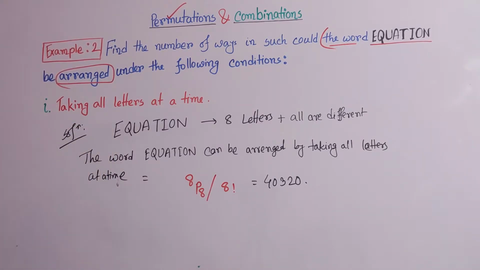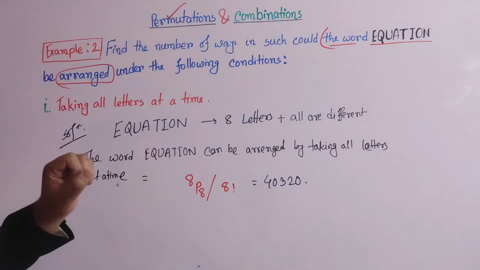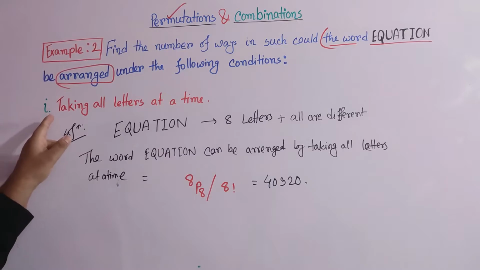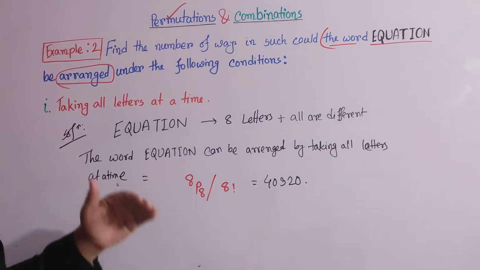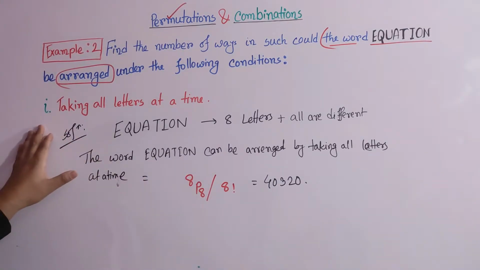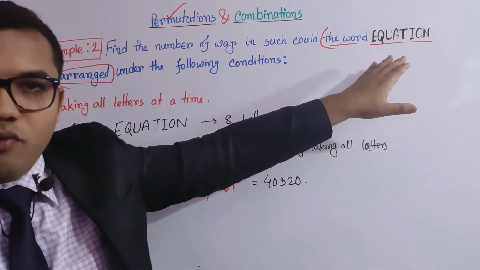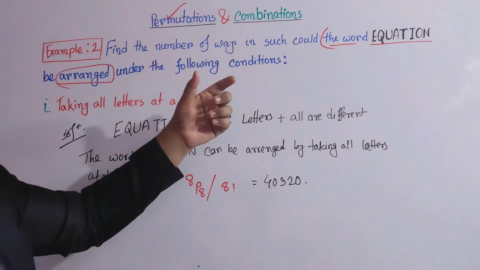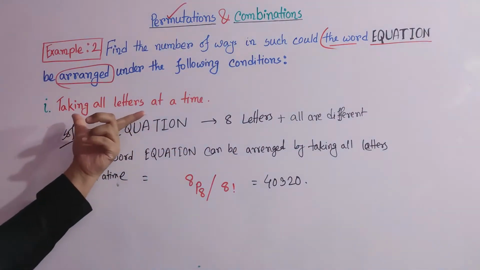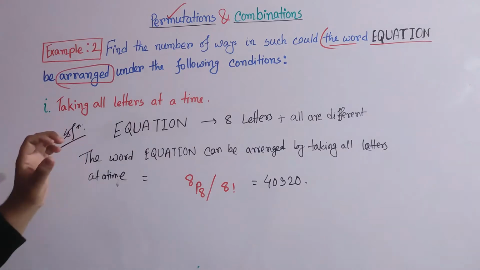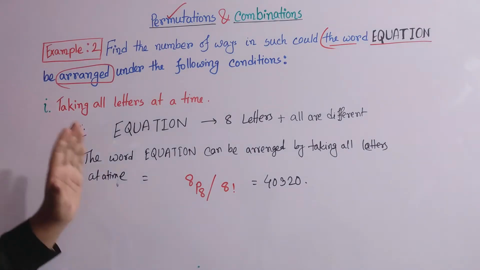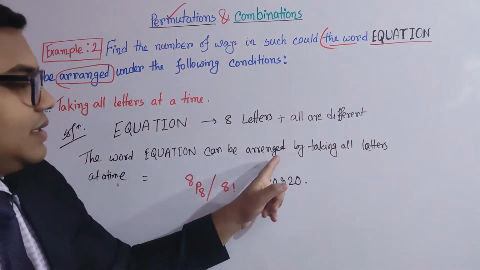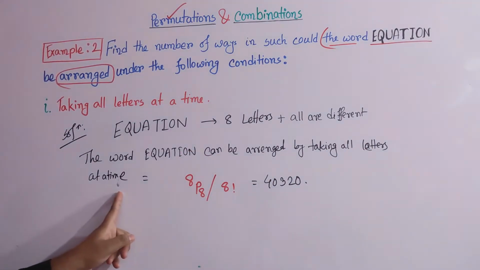So what actually happened here? Here is given a word, and this is question number 1. There are a lot of questions from it. Question number 1 says a word is given and you have to arrange that word by taking all the letters at a time, and that problem can be solved this way: the word equation can be arranged by taking all the letters at a time.